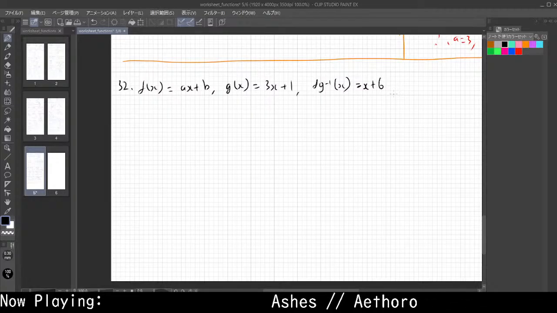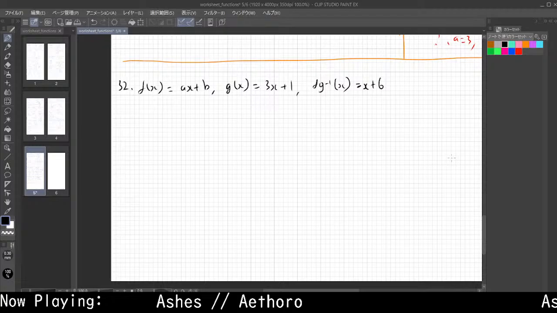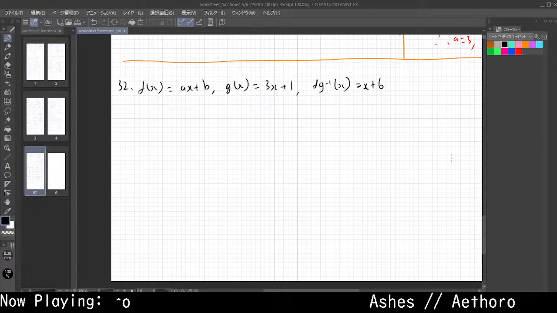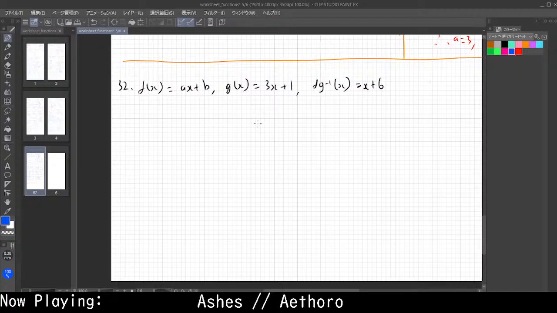Okay, so in this case, you'll be required to find g inverse first, because you're only given g but the composite function uses g inverse. Not that hard to find.